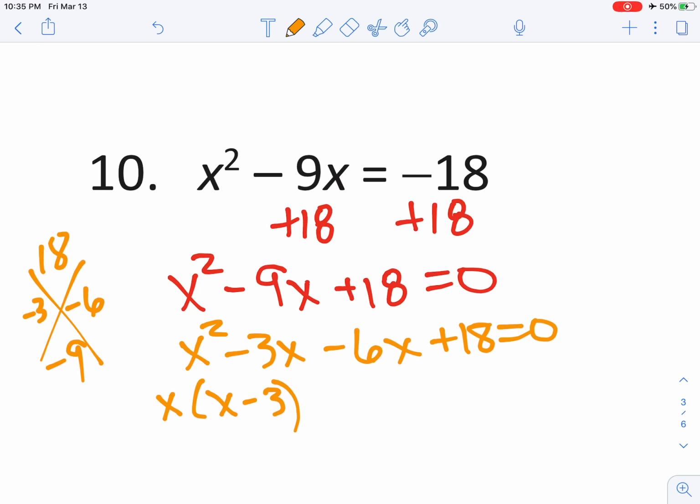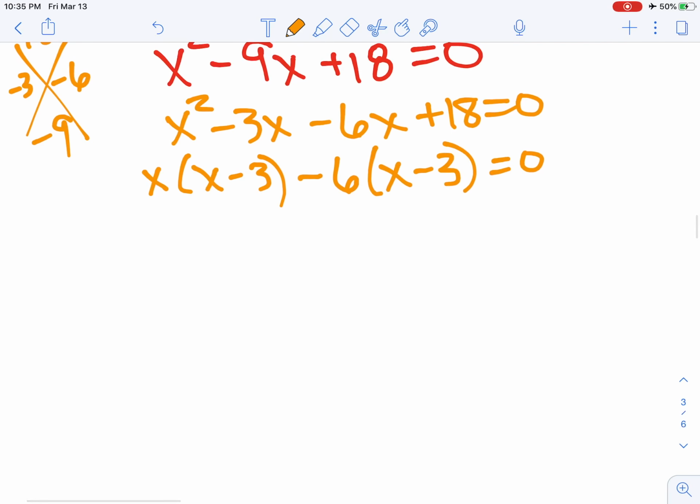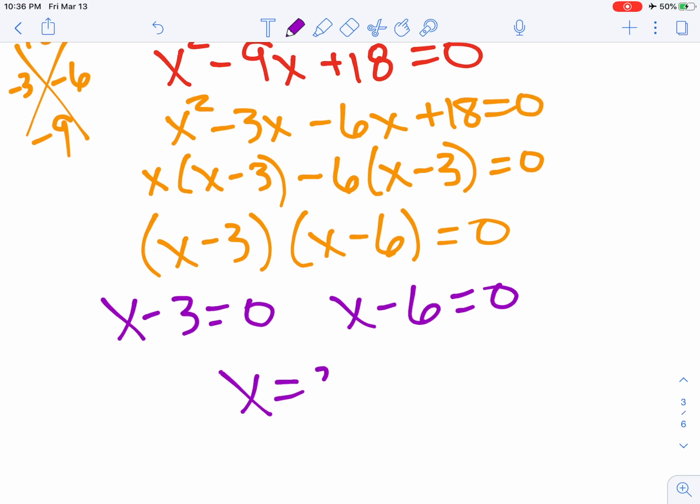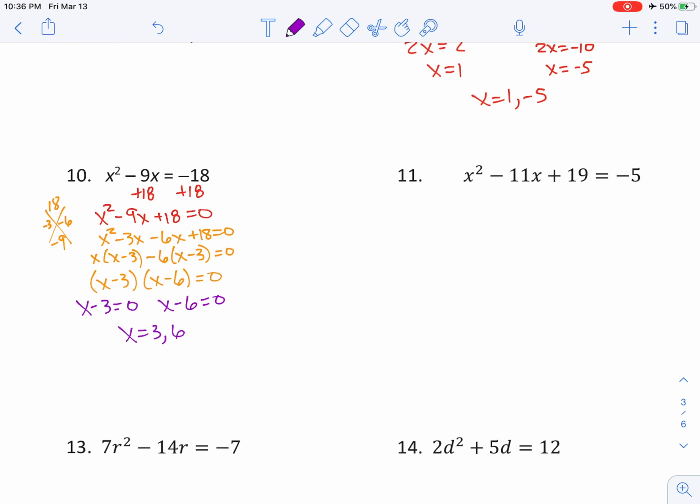Take out an x, you get x minus 3. Take out a negative 6, careful there, x minus 3. Are my two sets of parentheses exactly the same? They are. So x minus 3, x minus 6 equals 0. And guess what? I have to find my zeros. So x minus 3 equals 0, x minus 6 equals 0, so x equals 3 and 6.